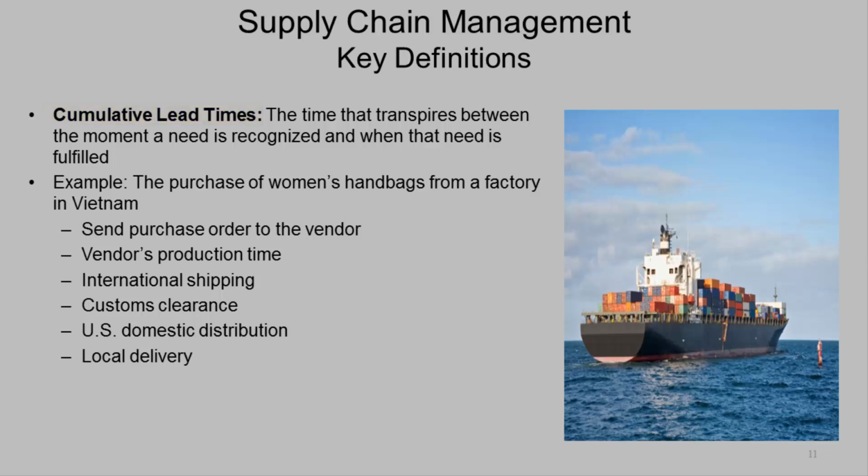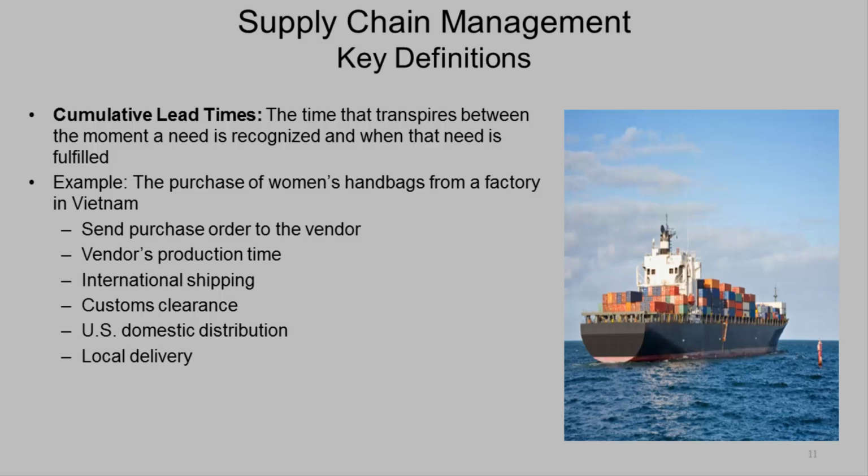So if based on our planning and forecasting activities as an importer of handbags, we determine it's time to place a purchase order on the factory in Vietnam, that cumulative lead time clock starts ticking. We have recognized the need, and now we're taking the steps to fulfill that need. That's what cumulative lead time is.